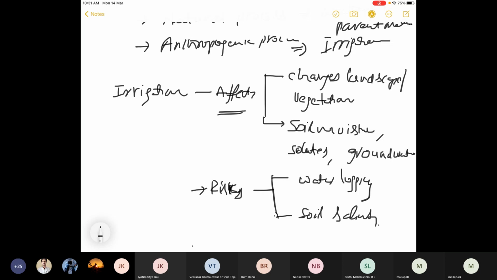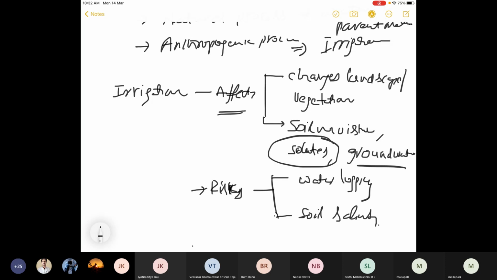Not only that, it affects the soil moisture. Adding water definitely improves the soil moisture. Also it adds solutes and affects the groundwater. Once you add water on the top, it percolates down and meets the groundwater, and that's where the groundwater can rise up.